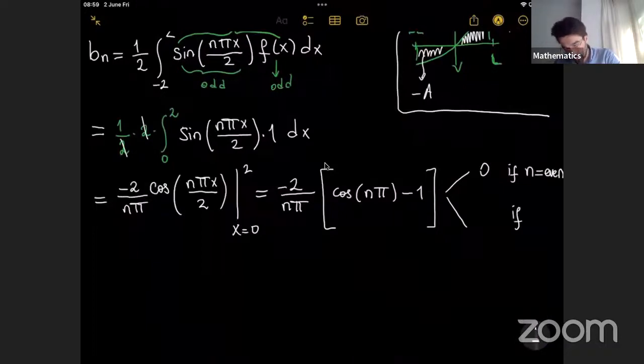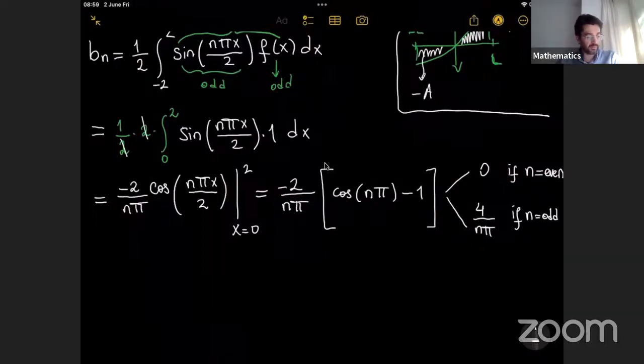If n is odd, in that case you will get minus 1 for cosine n pi. That means you will get minus 2 times minus 2. It's going to be 4, so it's going to be 4 over n pi.